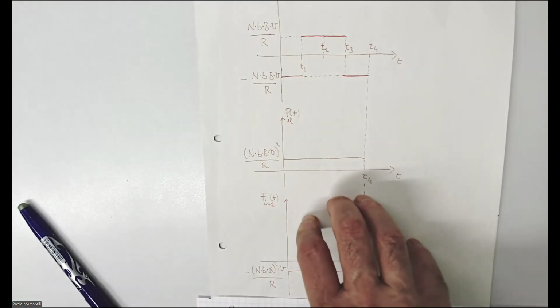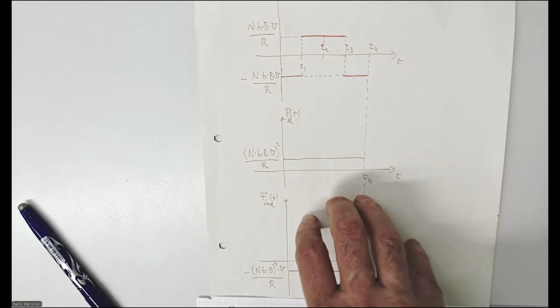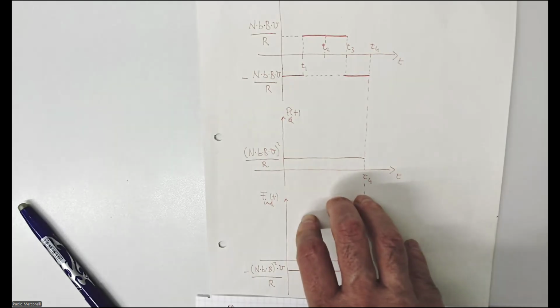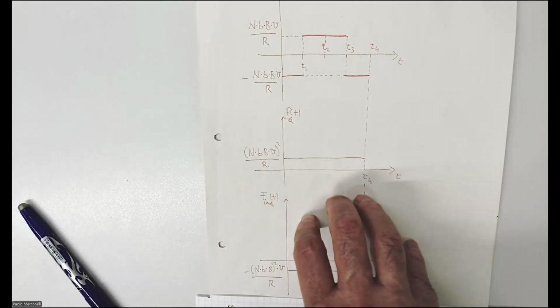It seems at this point that if the current changes, I told you that we have N capitalized multiplied by b not capitalized is L, the length of the conductors involved in the flux, multiplied by B capitalized, multiplied by the current. Now, if the current changes, why does the brake force not change? It does not change because the part of the coil which is active in the flux changes. If you don't want to remember this, keep in mind that with respect to the eddy current we always have a brake force.